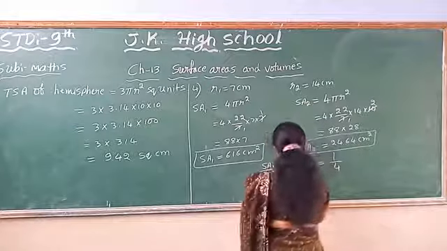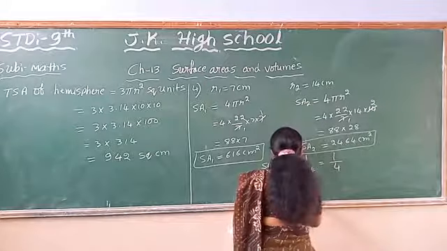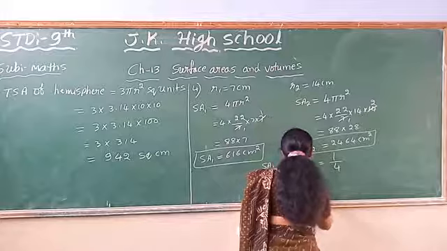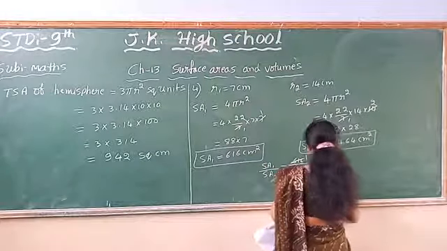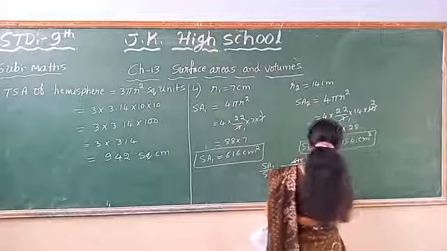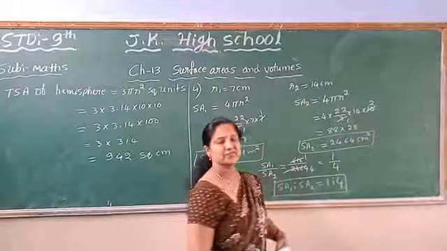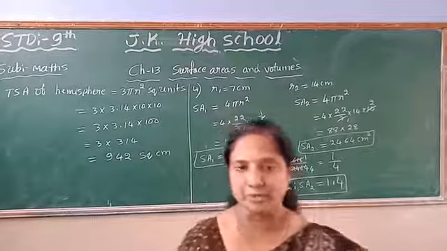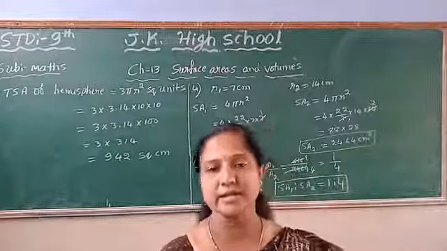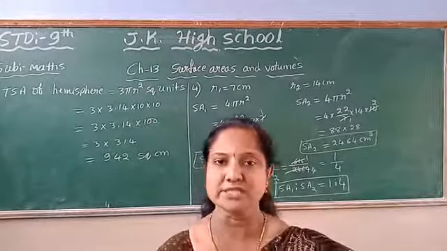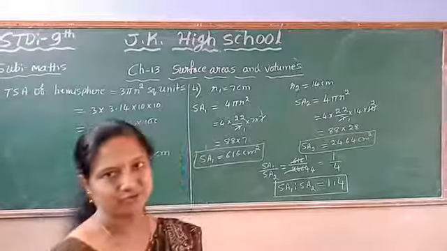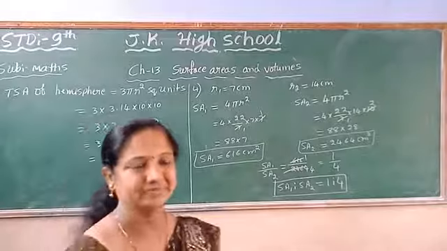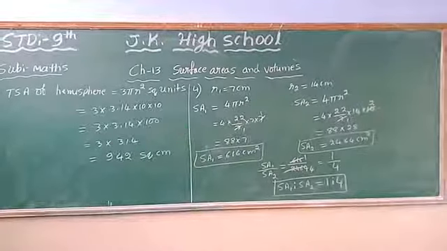So the ratio between these two surface areas, when the radius goes from 7 centimeter to 14 centimeter, is 1:4, children. In this manner, you have to find the ratio between the surface areas of two spheres when the balloon increases its radius from 7 centimeter to 14 centimeter. The ratio between those two is nothing but 1:4. Okay, write down.